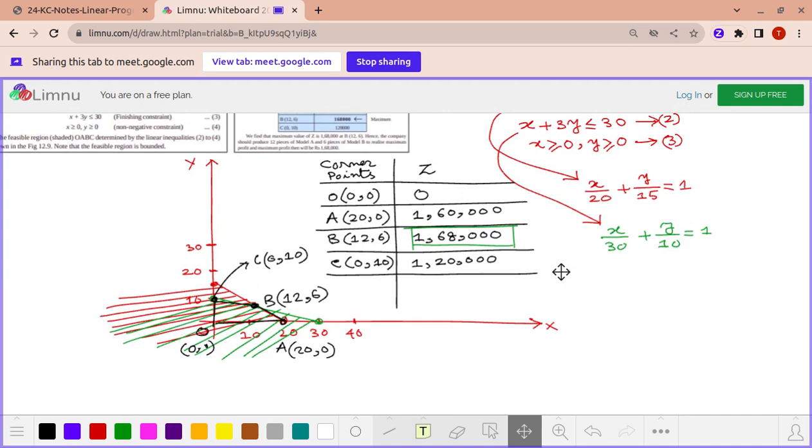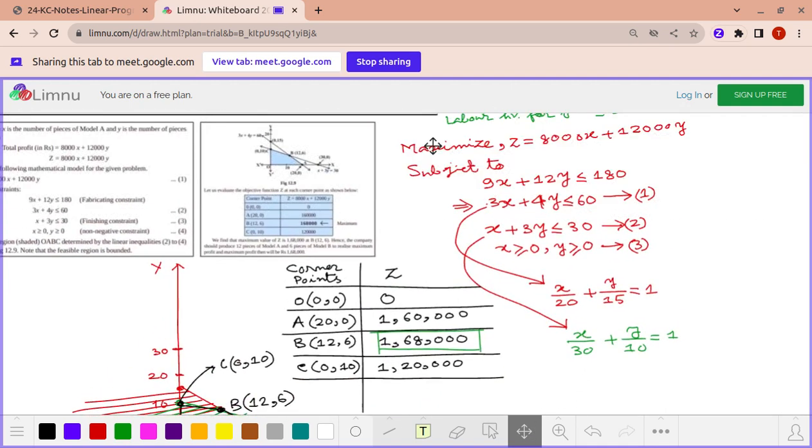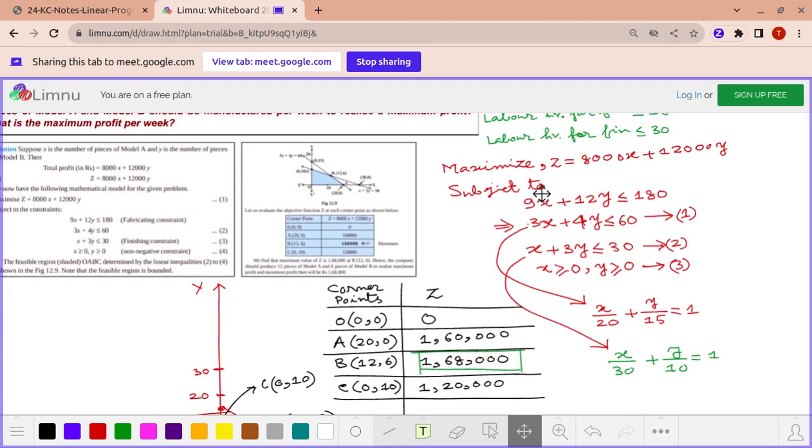So the answer to this question is that the maximum profit is rupees 1,68,000, and that profit is obtained when we produce 12 pieces of model A and 6 pieces of model B per week.